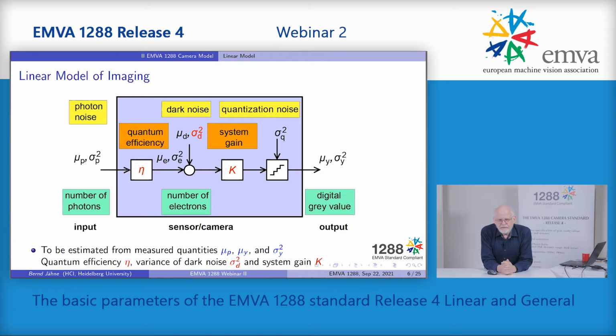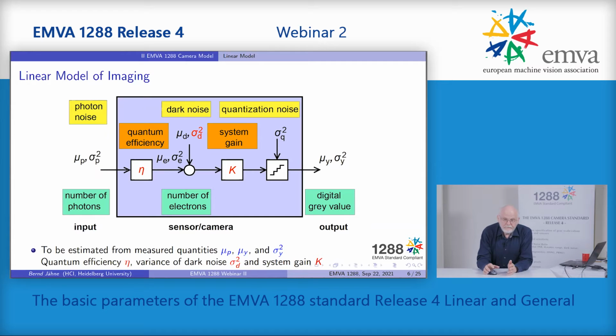And you add up the photon-induced signal with this dark signal. Everything is amplified by a linear amplifier, quantized, and then you get the output. Then you can easily see that with this specific linear model, you have three unknowns: the unknown quantum efficiency, the unknown system gain, and the unknown variance of the dark noise.